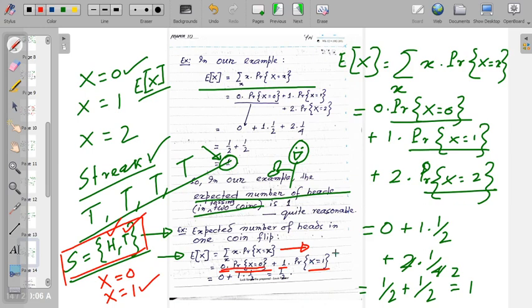What is probability x equal to 1? Whenever I am flipping one coin, it is half. So 1 times half is half. There is no practical significance: if I flip one coin, what is the meaning of half a coin?